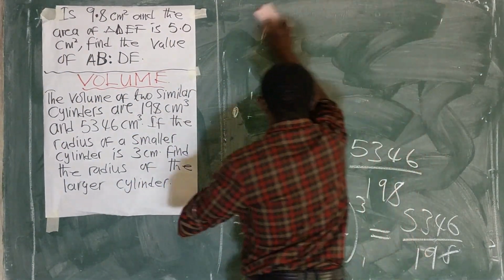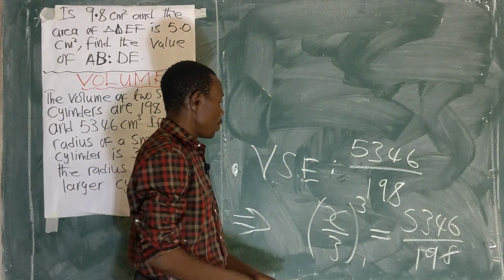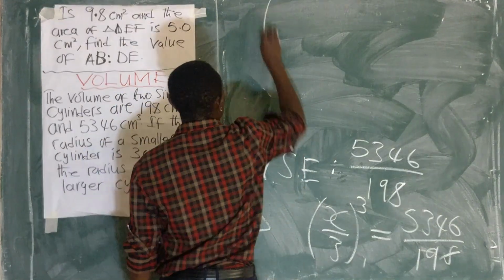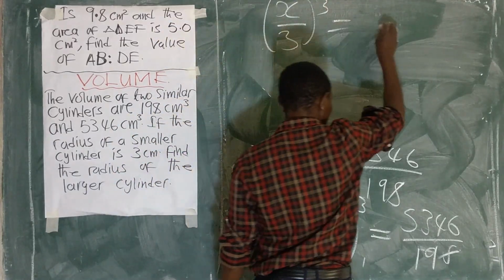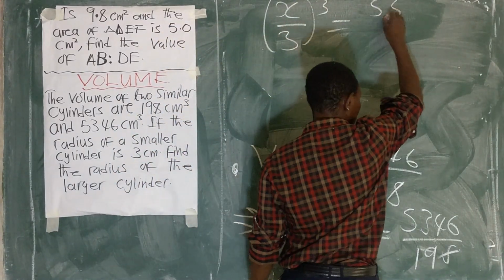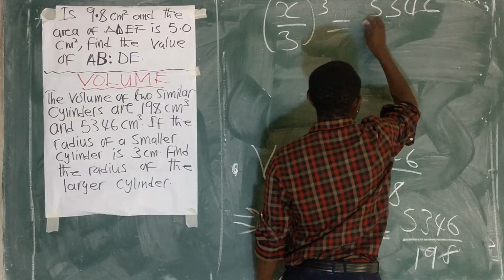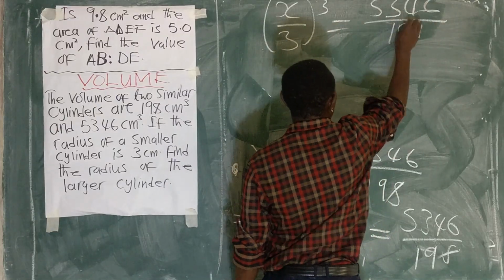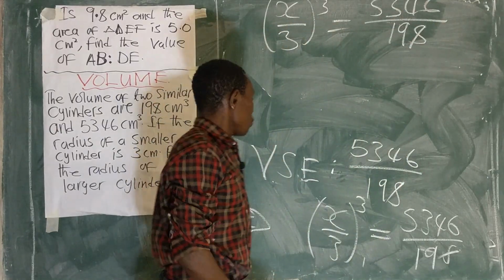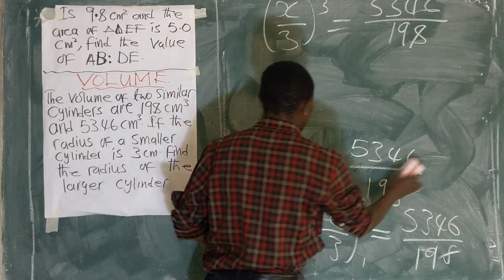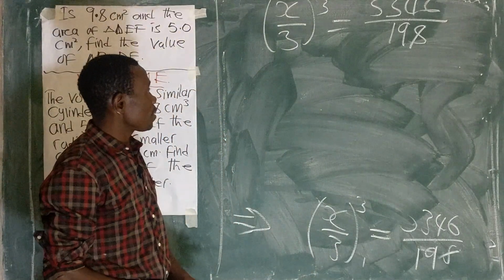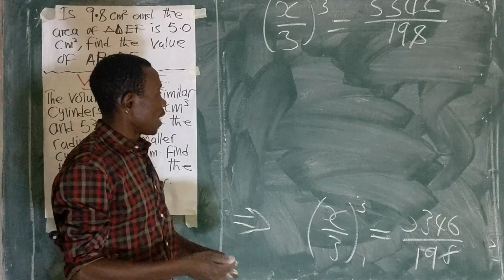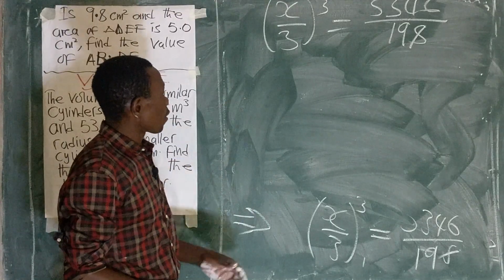If you pick up from this stage, we have (x/3)³ = 5346/198. I'll just use simple arithmetic, in whatever way you like, to find the value of x.